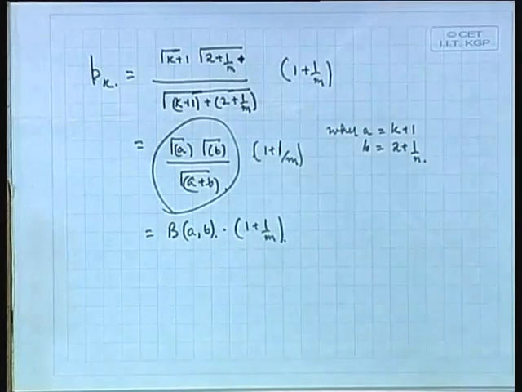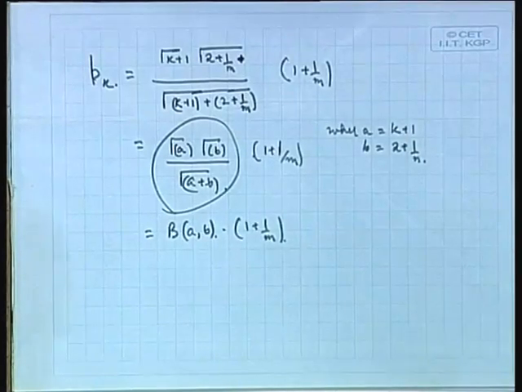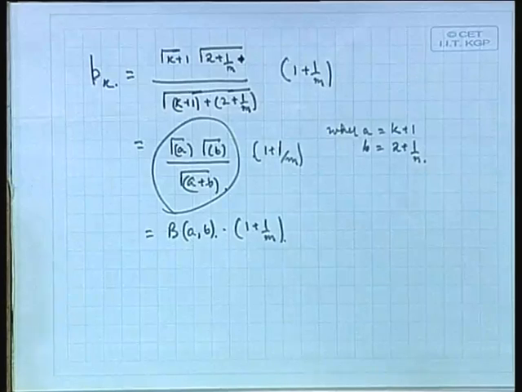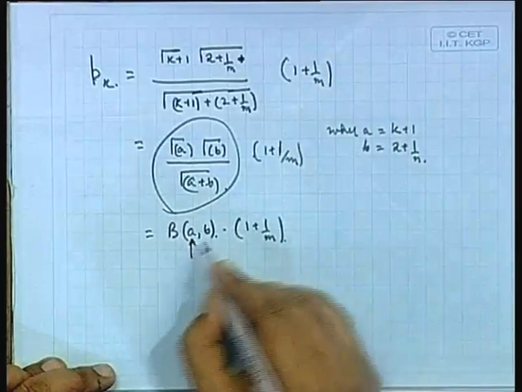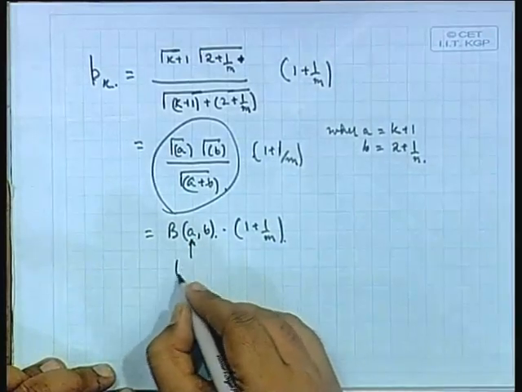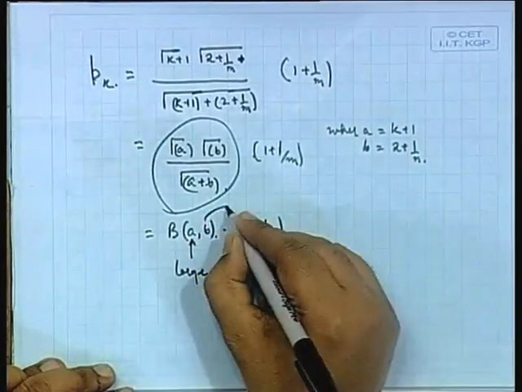Okay. So now tell me, how does the beta function behave for large A and fixed B?